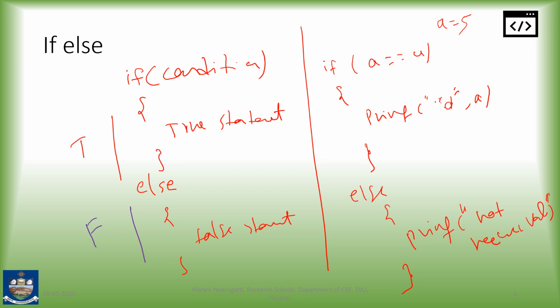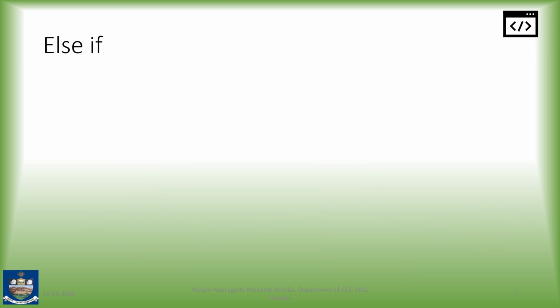So depending upon our real time problem, we need to choose the if statement or if else statement. If is only for true, if else is for both true and false statements. This is the syntax and semantics and example program. And one more thing, else if. An if statement will execute only one condition, but in real time we may have two or more conditions.